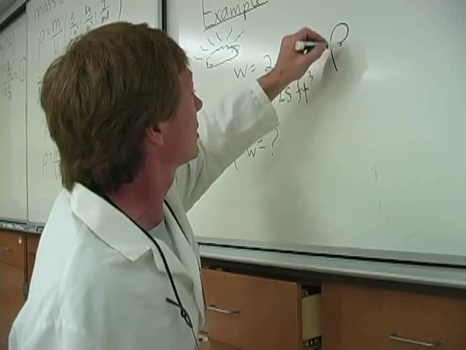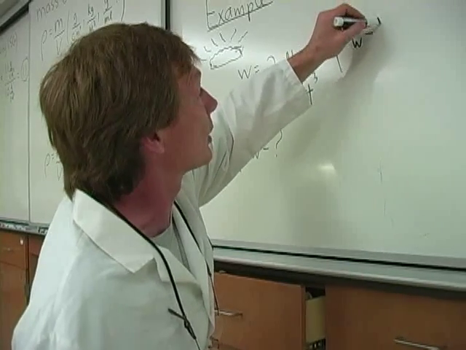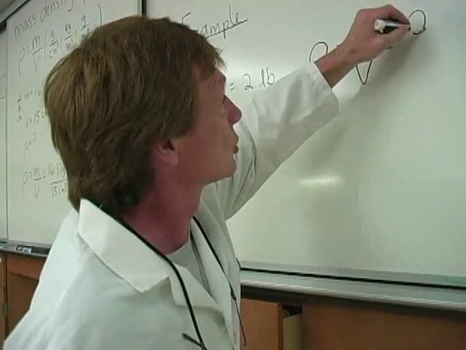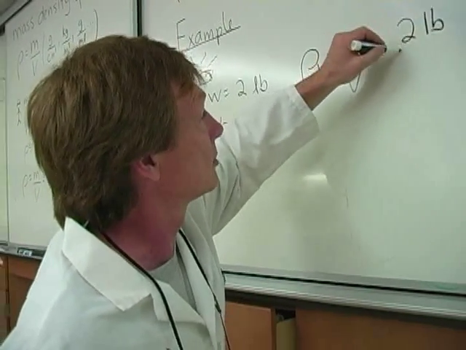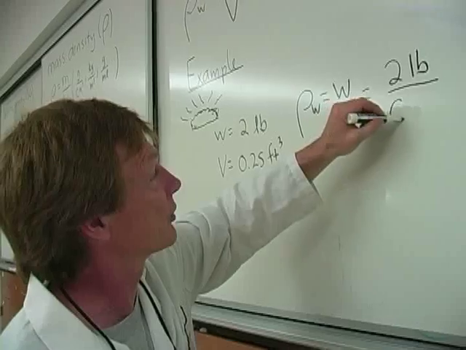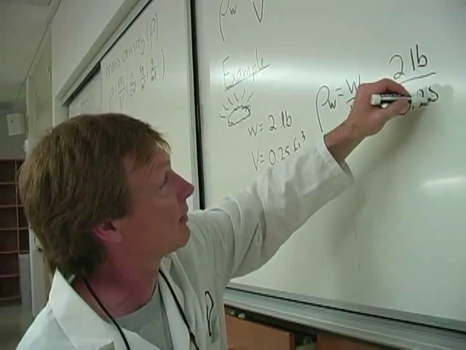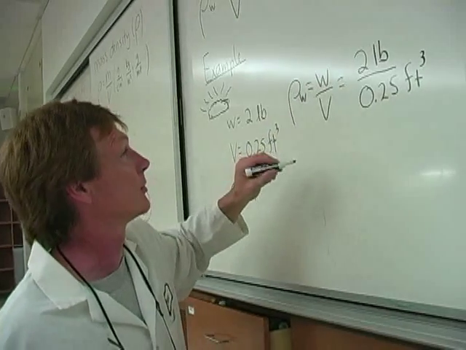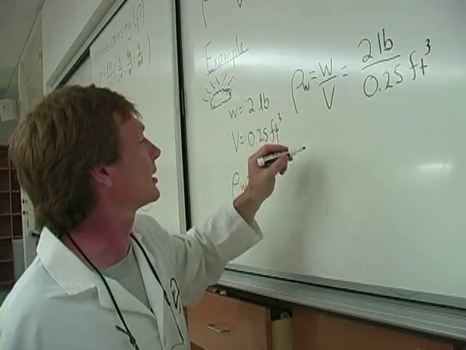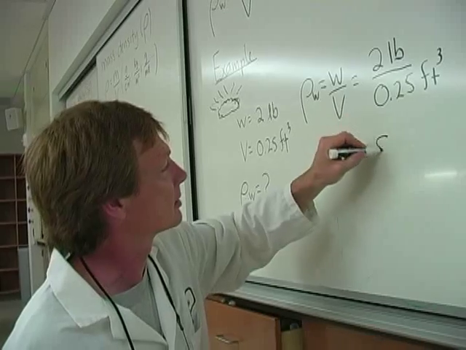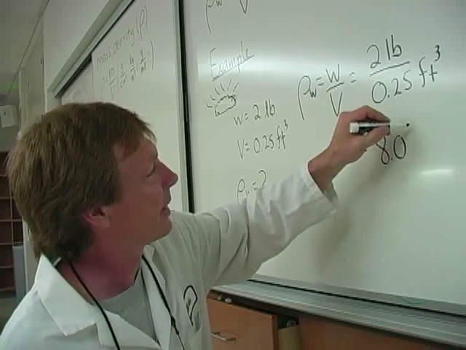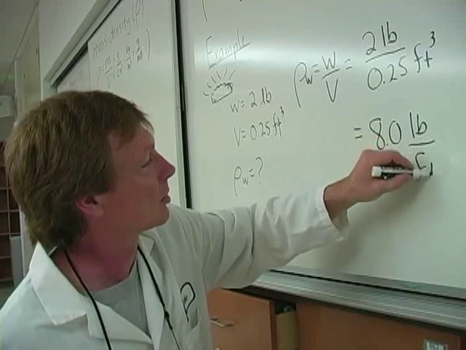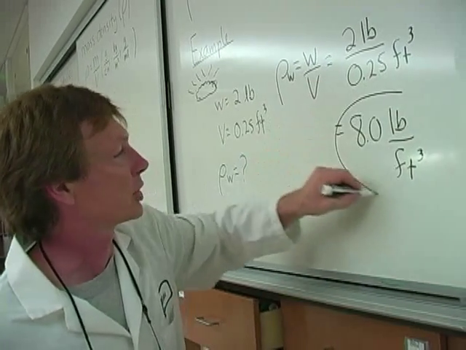The weight density, here's my working equation, weight per volume, which is 2 pounds over 0.25 cubic feet, and that's going to be 8 pounds per cubic foot.